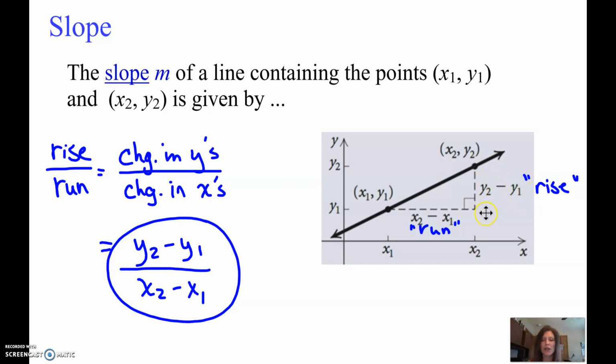So the vertical change we sometimes call the rise. It's just the difference in the y's. I love that because the rise goes with y's, right? And then the horizontal change is the change in the x's. We calculate a change mathematically by subtracting. So that's where this formula y2 minus y1 over x2 minus x1 comes from.